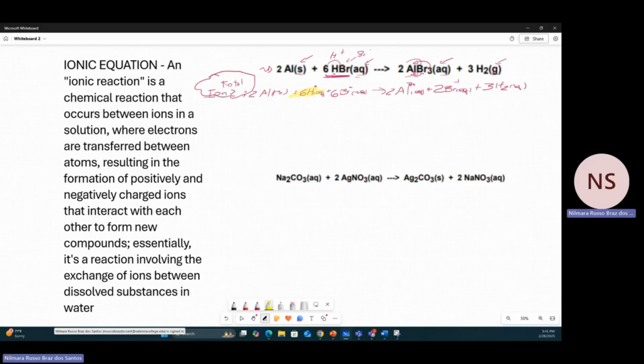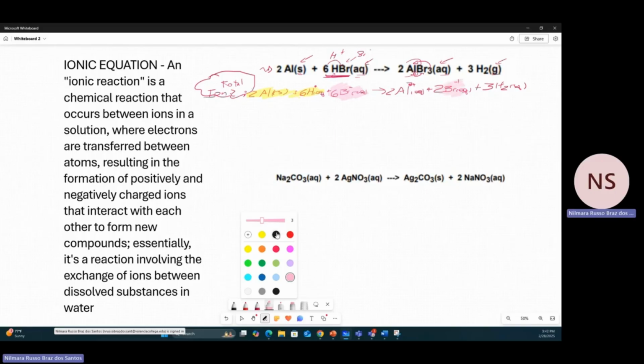Okay, so this will be my formula. Aluminum is also by itself on this side, and doesn't appear on the other side. And what about bromine? Oh, bromine, let's change the color here. Bromine is different. So bromine is over here and it's over here, right?